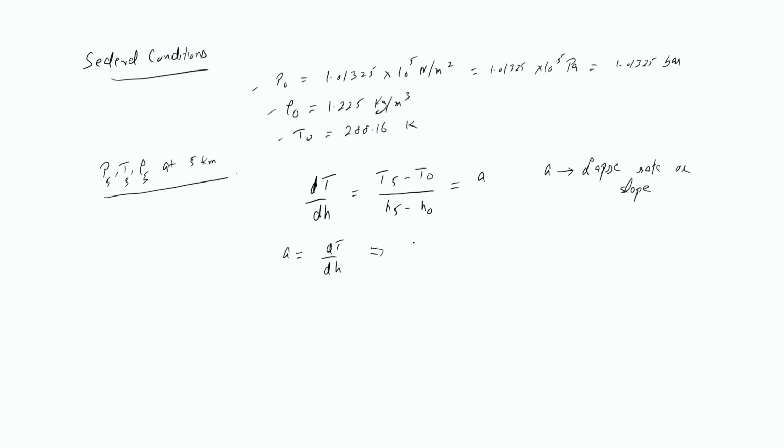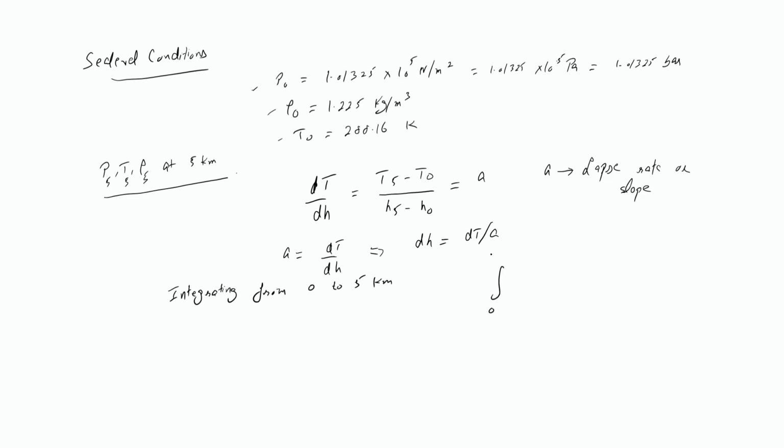So dh we can easily write as dT upon A. Wonderful. Now we are in a position to integrate from 0 to 5 kilometers.